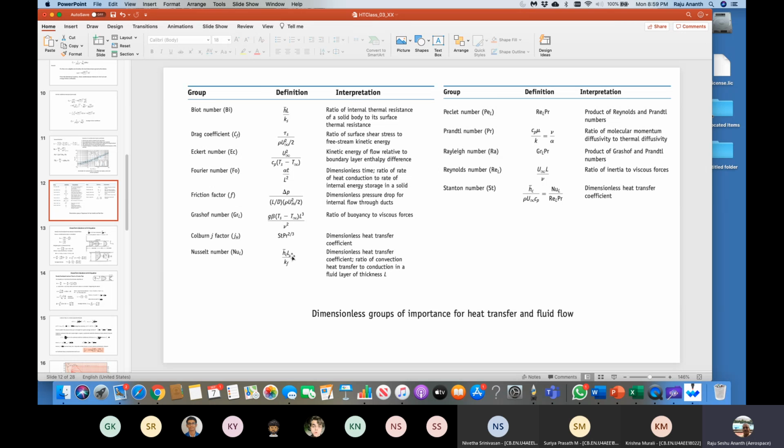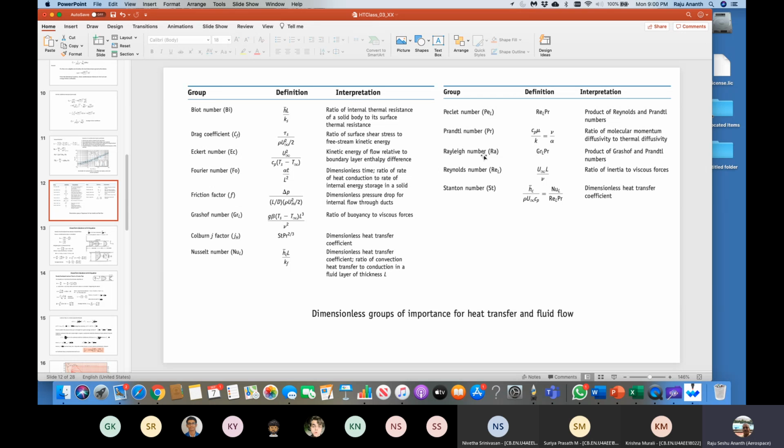And the Nusselt number, which we're going to proceed to find out, is the heat transfer coefficient outside on a body multiplied by the characteristic length divided by the conductivity of the fluid. So that's the difference between that and the Biot number, which uses the conductivity of the solid. Peclet number, Reynolds number, Stanton number, you know already. The Prandtl number is mu Cp over k, which is mu over alpha, the ratio of molecular momentum diffusivity to thermal diffusivity.